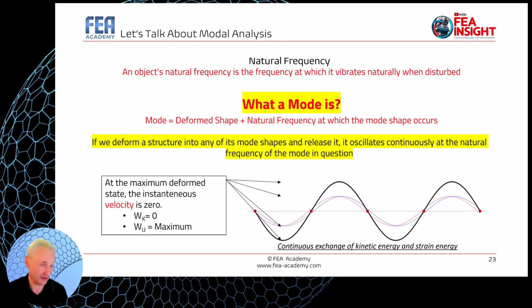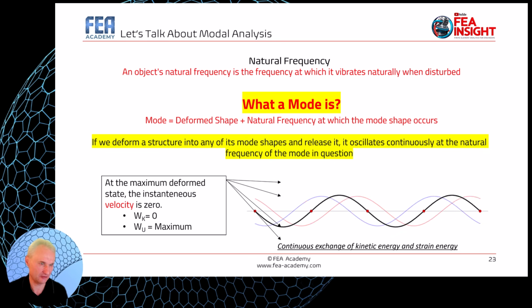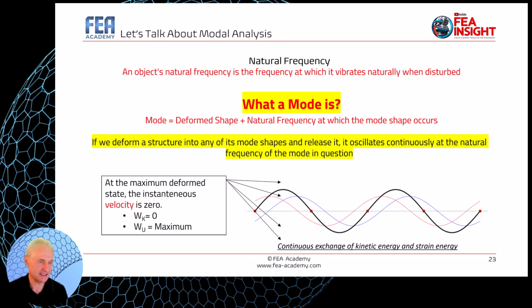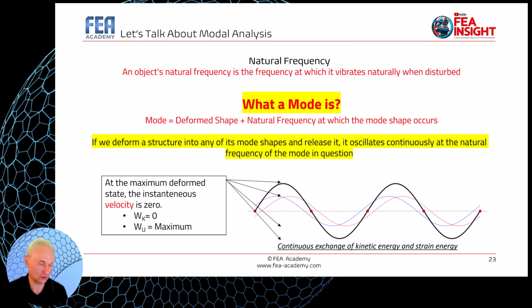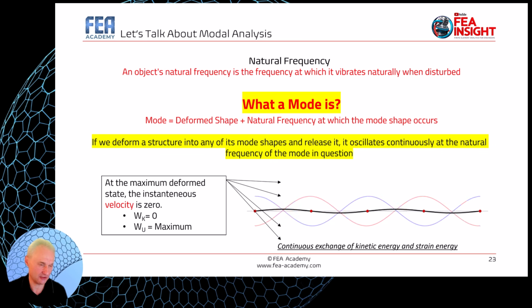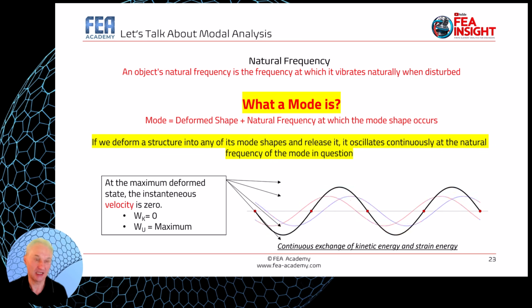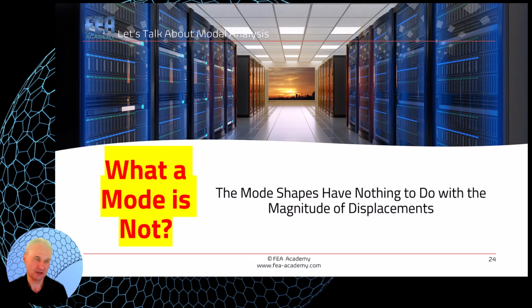On the other hand, at the maximum deformed state, the instantaneous velocity is 0. So it means the kinetic energy is 0 and the potential energy is maximum. So it means that the mode shapes have nothing to do with the magnitude of displacement of the system.